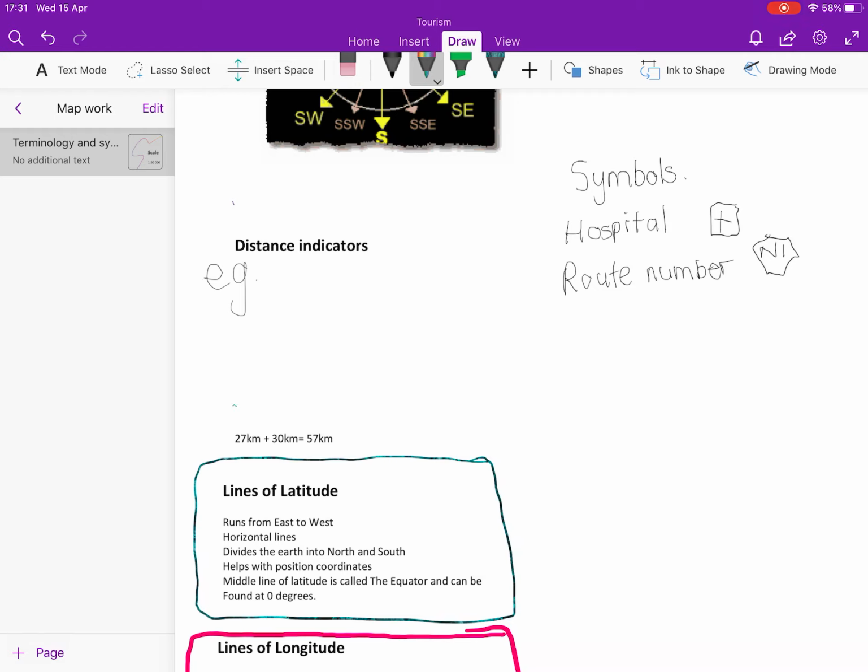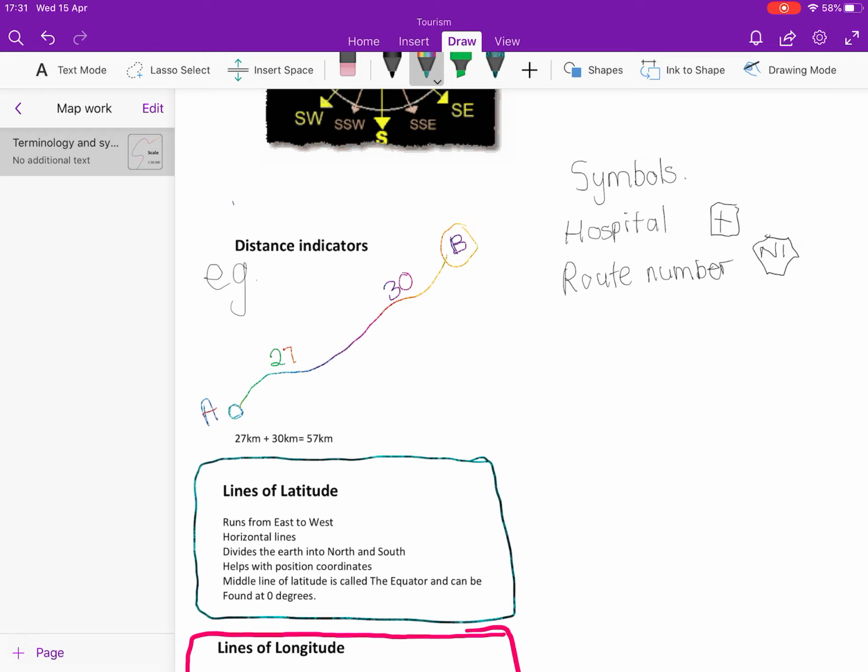Okay, so first of all, we are going to have, say, point A over there, and here's our route going to point B over there. We need to calculate basically the distance between A and B, and luckily these are called distance indicators. They write the distance on the line like that.